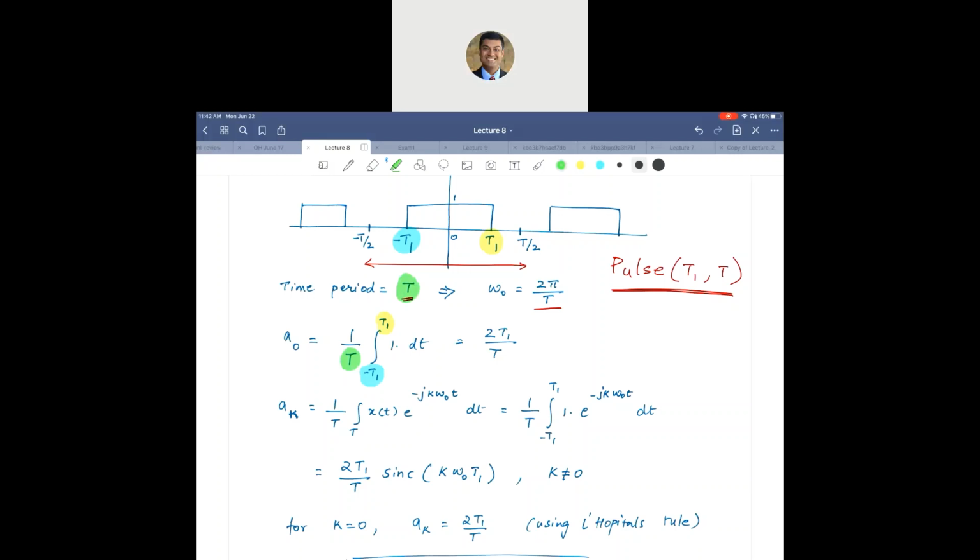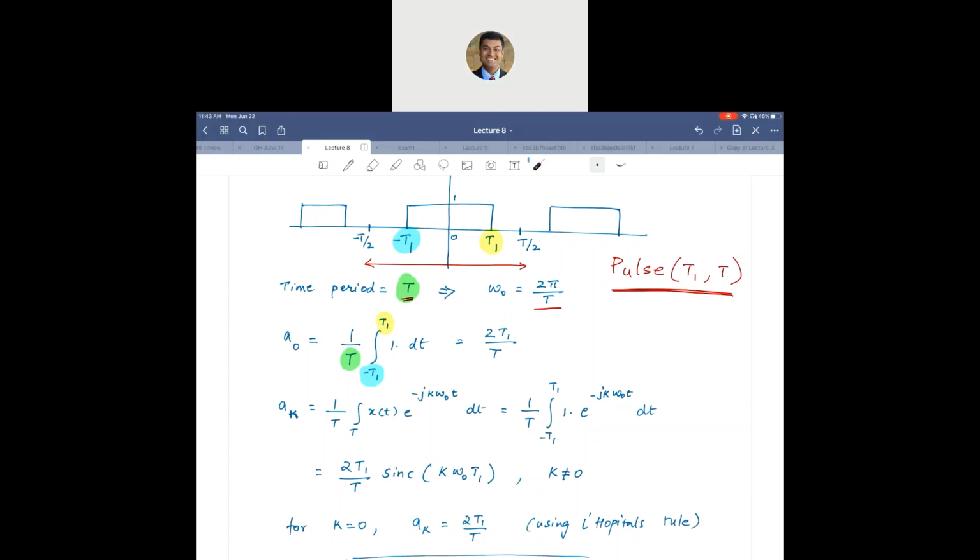Next, we evaluate a sub k other than 0. That will be in general 1 over T, integration over one time period, x of t e to the negative jk omega naught t. That's the general result. Now it is periodic, so it helps me a lot to choose the time period between negative T over 2 to T over 2.